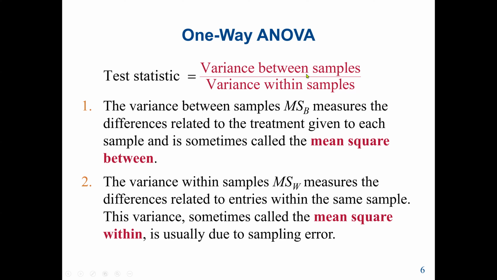So one is within the sample, which is MSW, only the same sample: the differences related to entries within the same sample. But MSB, the mean square between, measures the differences related to the treatment given to each sample.